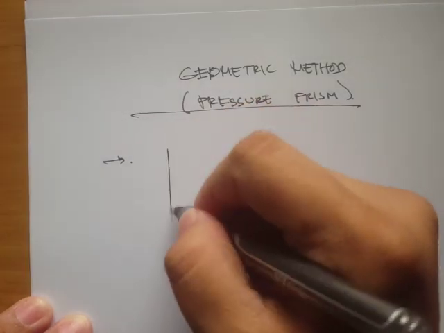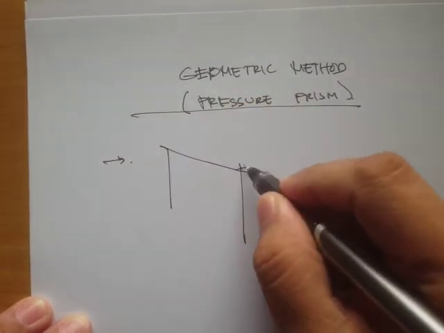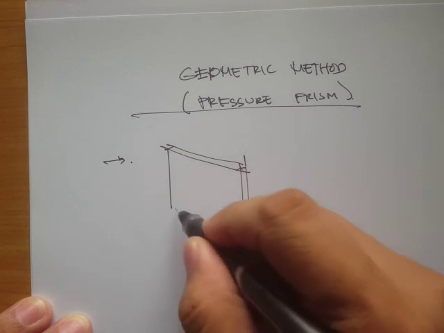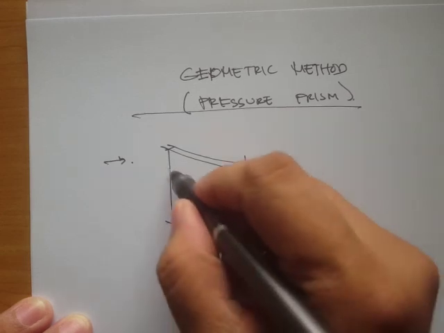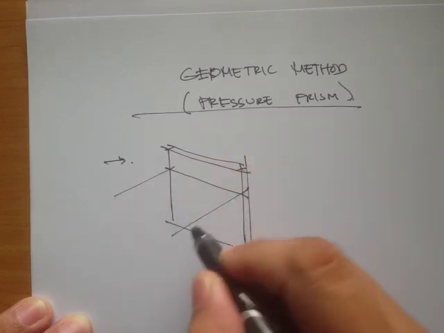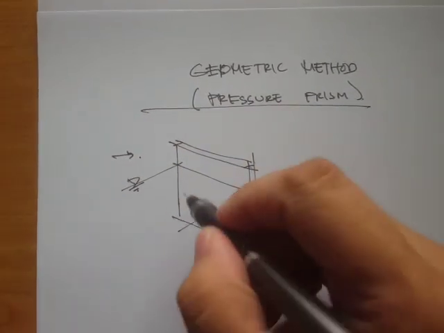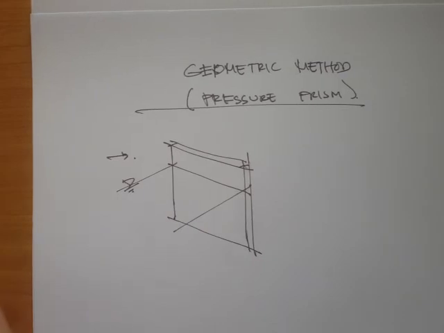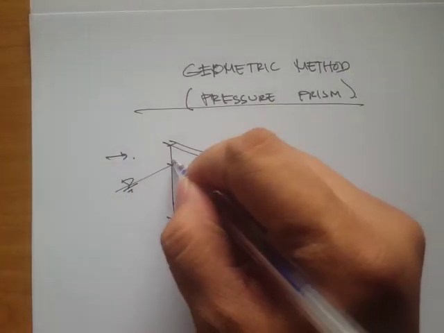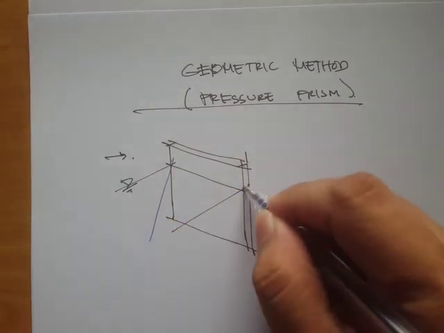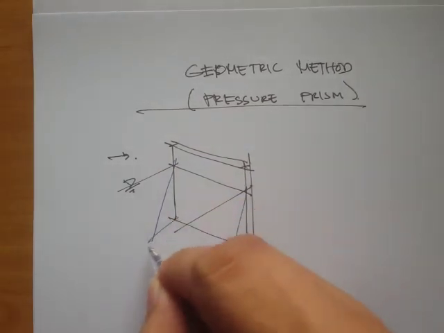Right, now let's draw again a surface, let's say a vertical surface, and a portion of this surface is submerged in a liquid. And if we draw the pressure profile, we get this one.